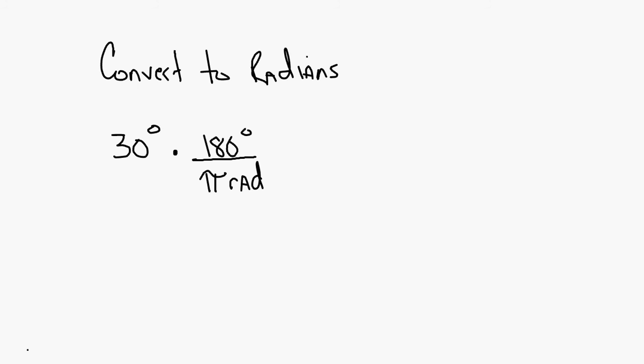Is that what I just told you? No, you said pi radians over. Yeah, it's the other way, isn't it? Yeah, if you're converting to radians, it's the other way. It's pi radians over 180.